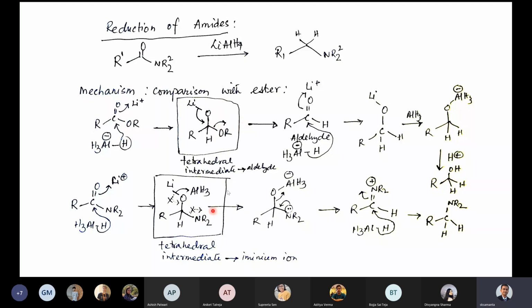But it does not break this O-Al bond, because this affinity is even better, and this O-Al takes up the oxygen, and the lone pair is competing, because the bond moment is in this direction; it has a lone pair and wants to give it away. So there is a competition between NR2 and the OAlH3, and it appears that the OAlH3 is a better leaving group than the NR2.